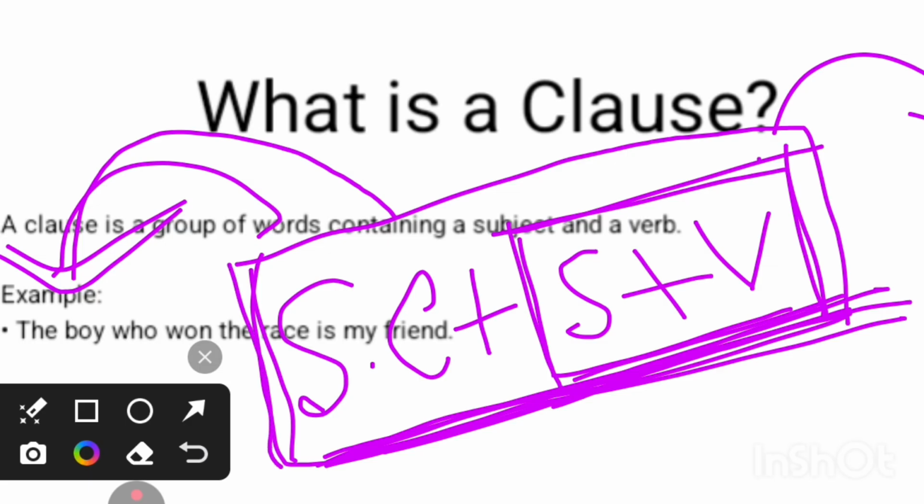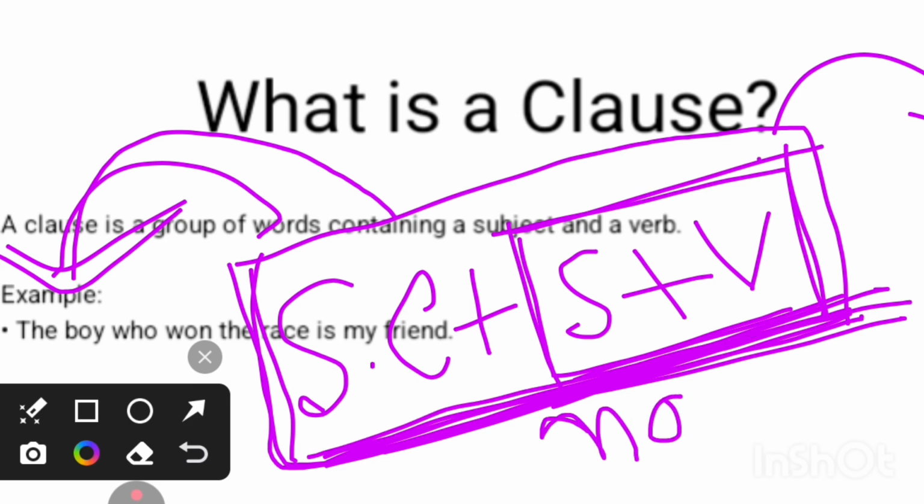Today we are going to discuss the relative clause or the adjective clause. Always this is a subordinate clause. My dear friends, any kind of subordinate clause, whatever it may be, must act as a noun, or as an adjective, or as an adverb.